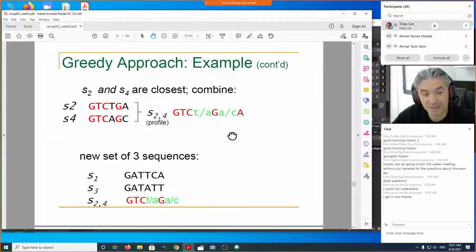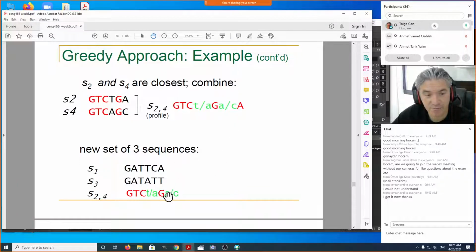Since it's a profile, it can then be aligned with S3 and S1 to see whether S1 is similar to this profile or S3 is similar to this profile, or the similarity between S1 and S3 may still be larger than that.